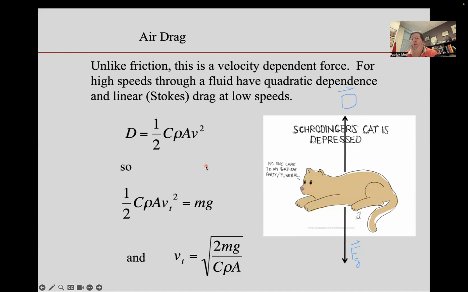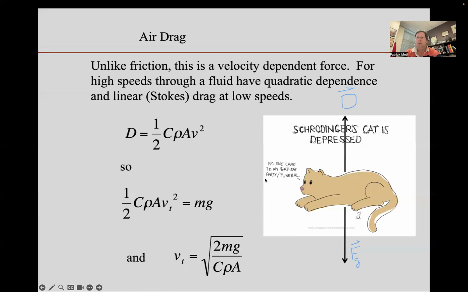So to find the terminal speed, we just set the drag force equal to the weight. We have a subscript t on the speed term to show that it's the terminal speed. We'll just rearrange that equation, get the terminal speed on one side, and you have the square root of twice the weight over the drag coefficient, density of fluid, cross-sectional area again, all under the radical.